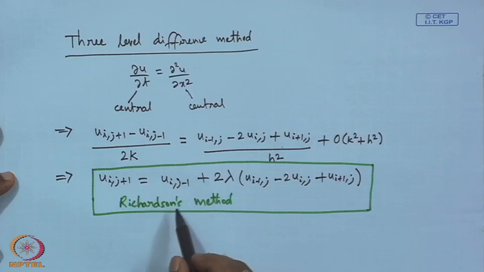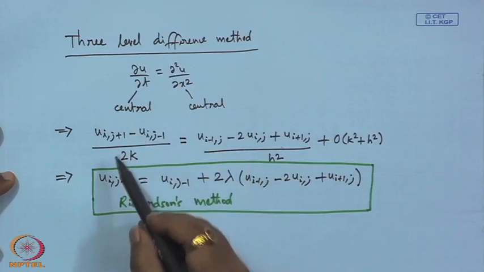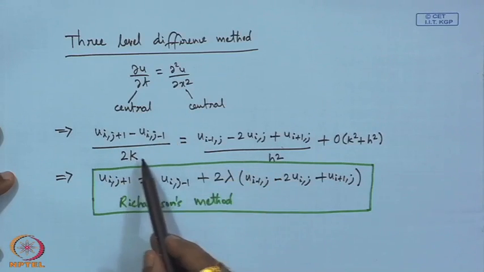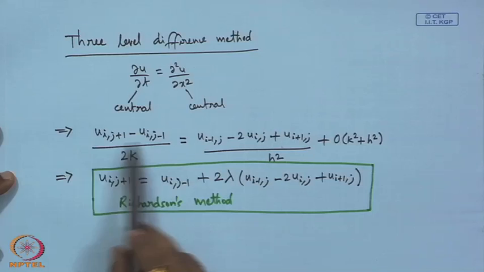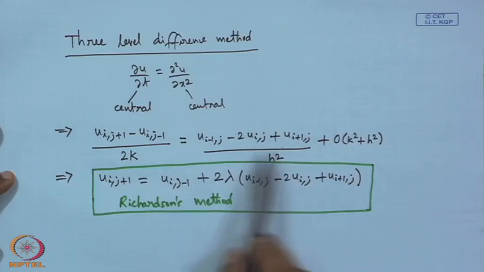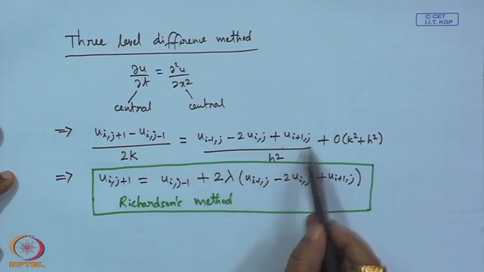So, we will see maybe in some tutorial, try to solve a problem using this. Otherwise, the important observation is that the discretization here is bringing in one more time level. Had it been forward or backward, we would have used j minus 1 or j plus 1 and j, but because of this central we get j plus 1, j minus 1 and then on the right hand side we have j.